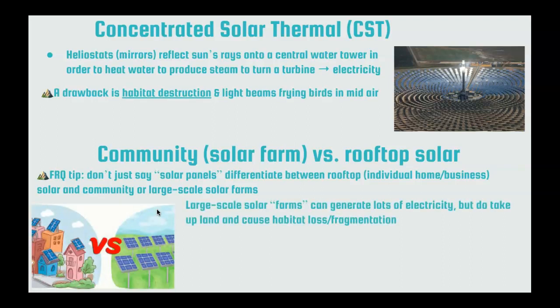Larger scale solar farms can generate lots of electricity, but in doing so, they take up a lot of space and can cause habitat destruction or fragmentation. Rooftop solar isn't going to take up a lot of land or space, but it's only going to produce a little bit of energy, enough to power your home, maybe.